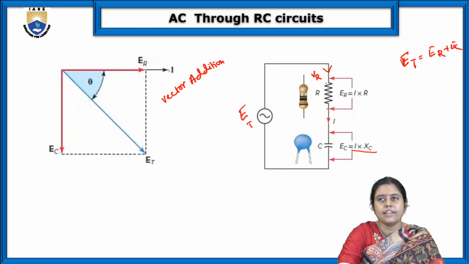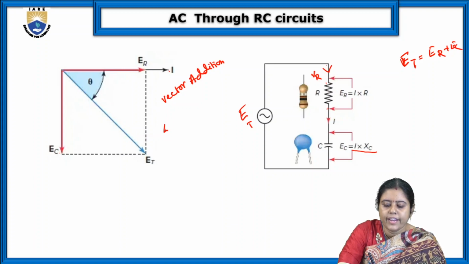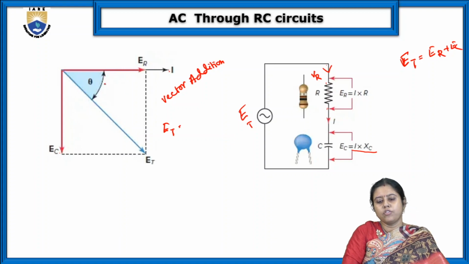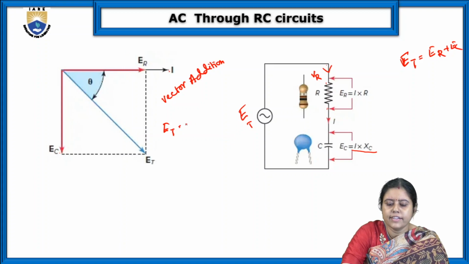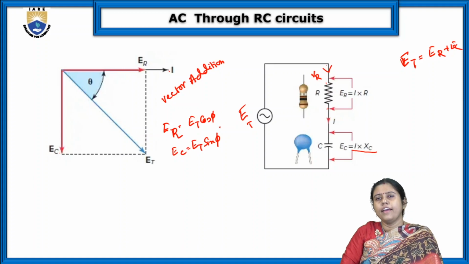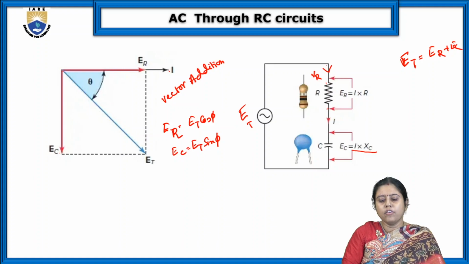So we will take the vector addition and we will get ET, with the angle theta with respect to ER. Now what is ER? ER is equal to ET cos phi, and EC is equal to ET sin phi. Last class we discussed how to calculate the value of theta.